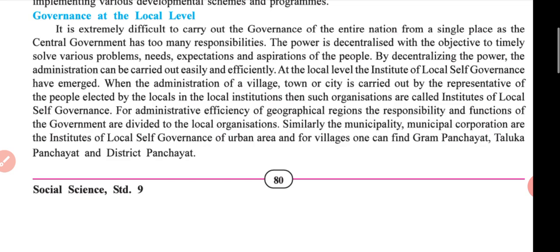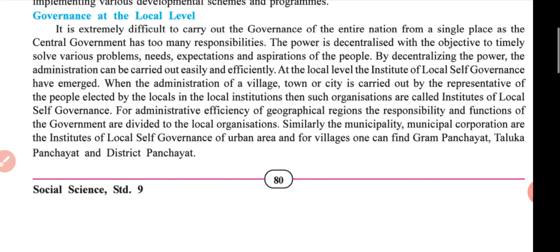So power is decentralized, meaning power is divided among different departments to solve the various problems, needs, and expectations of people. By decentralizing the power, the administration can be carried out easily and efficiently.